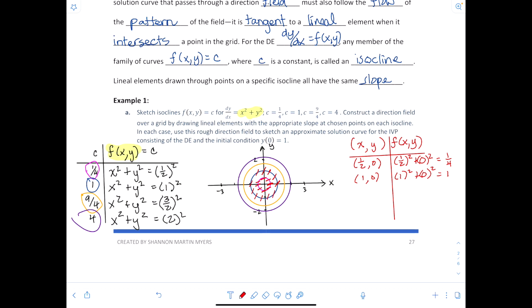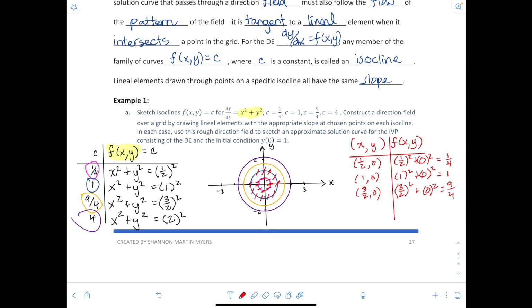Cool, cool. All right, now next up we can do 3/2, 0. So again, we'll get 3/2, we're squaring it, plus 0 squared equals 9/4. And 9/4 is getting more steep. It's a little bit more than 2 for our slope. So on the orange circle it's going to be a lot more steep, right?